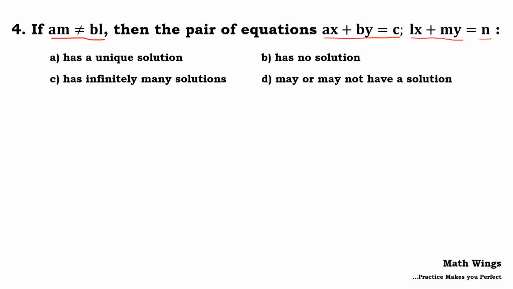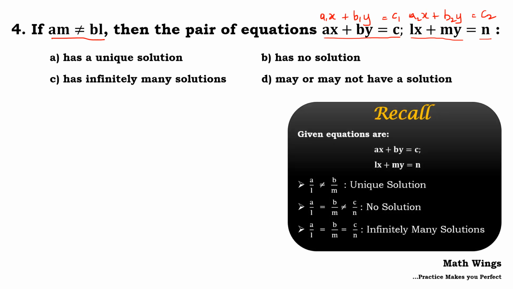You can just compare it with the standard form a1x + b1y = c1 as well as a2x + b2y = c2, and using this we can write how many solutions the given equations will have.